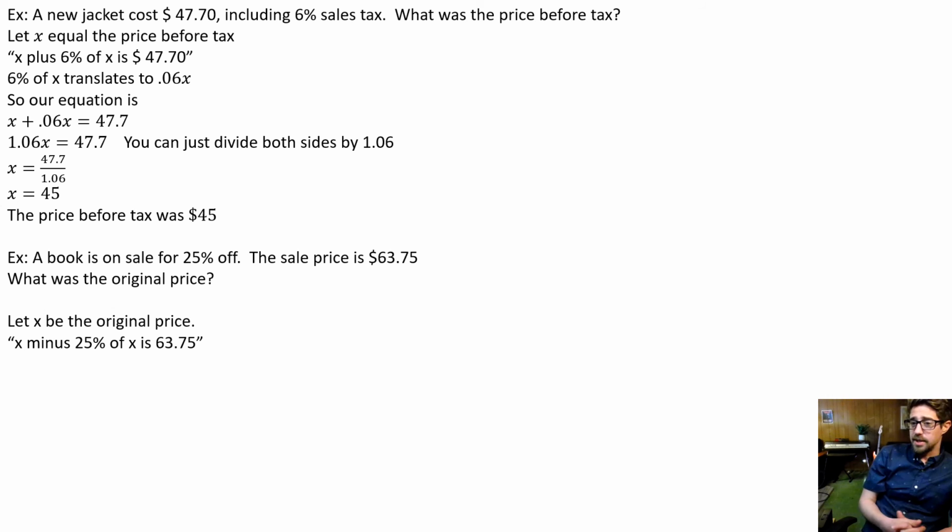Okay, and then that's our statement: x minus 25% of x is $63.75. Right? Whatever the original price is, we took 25% of that, chopped it off, meaning subtracted it, and now we know what we have. So that's easy to translate into math: x minus 0.25x equals 63.75.